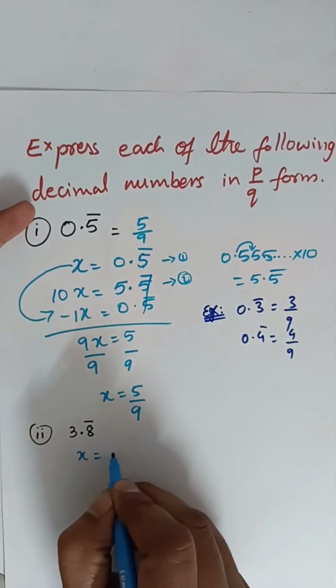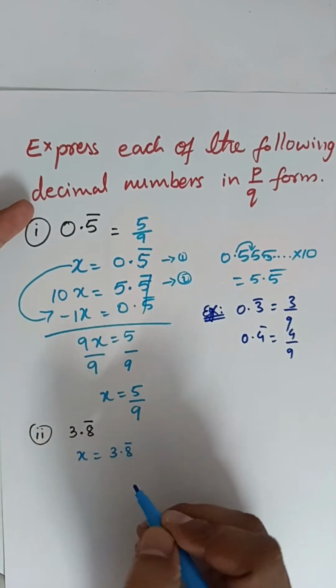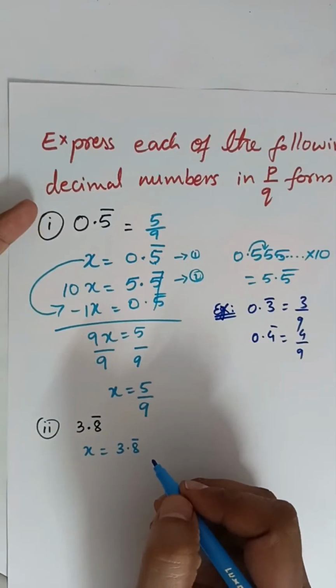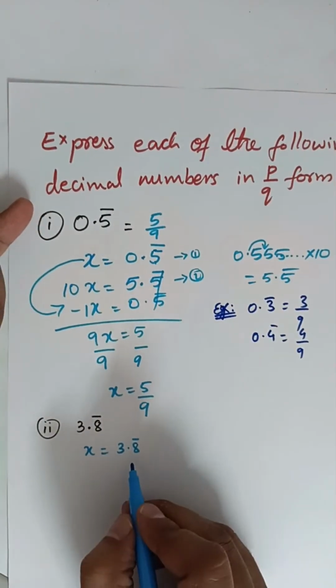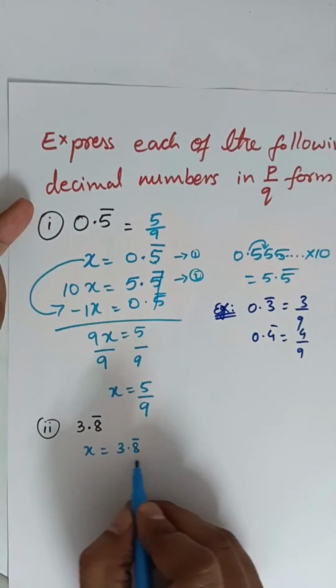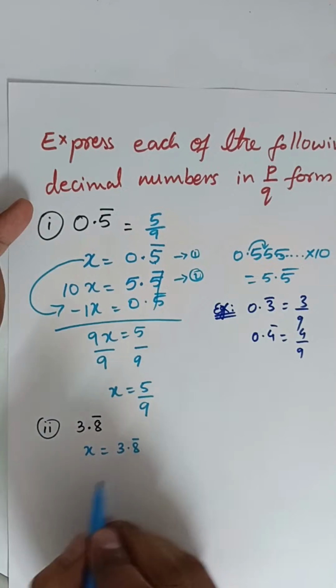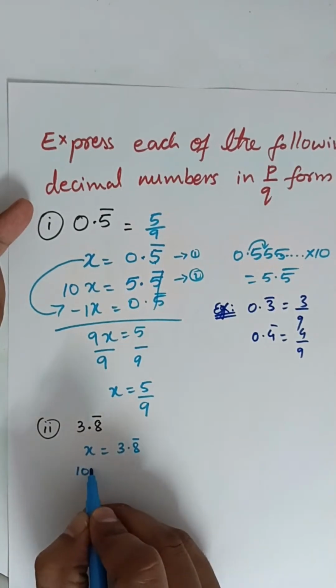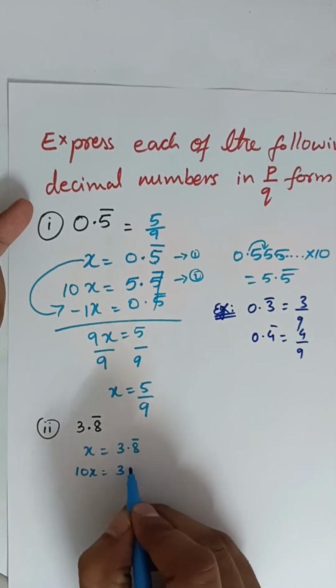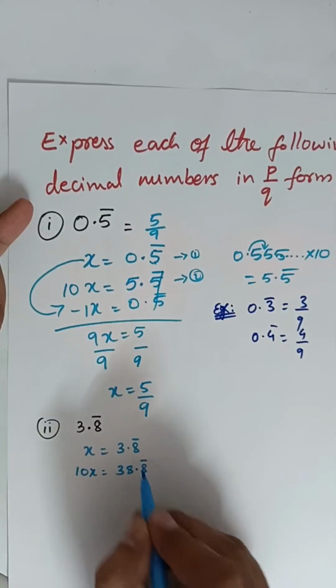X is equal to 3.8 bar. Now here, how many digits are there? 1. So multiply it by 10x, so it will be 38.8 bar.